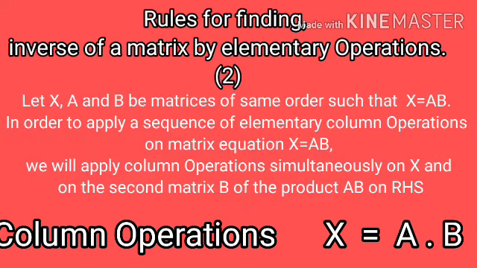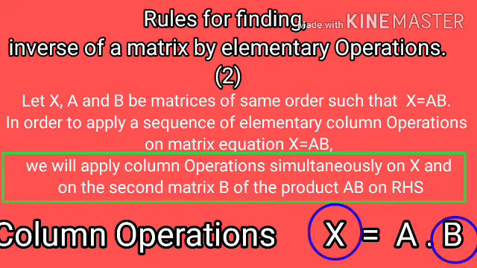Now second rule. Once again, let X, A and B be the matrices of same order such that X is equal to A into B. In order to apply a sequence of elementary column operations on matrix equation X is equal to AB, we will apply column operation simultaneously on X and on the second matrix B of the product AB on right hand side.